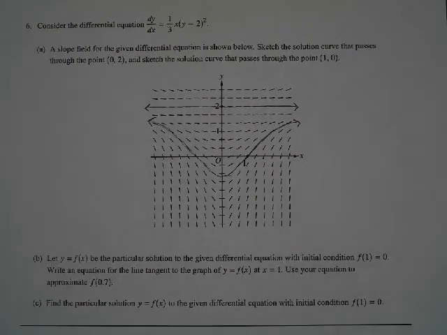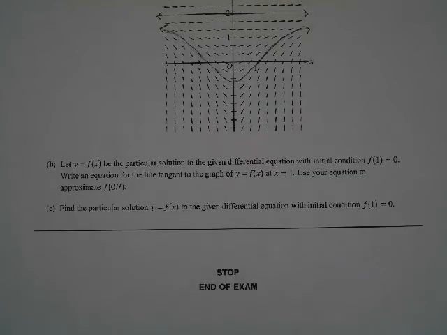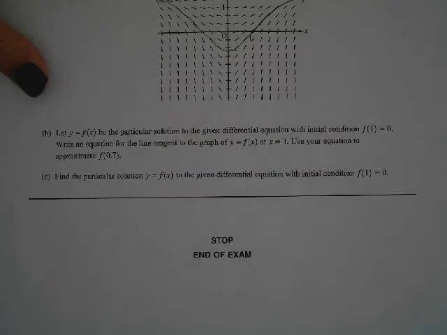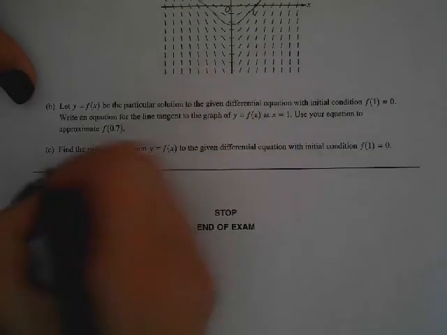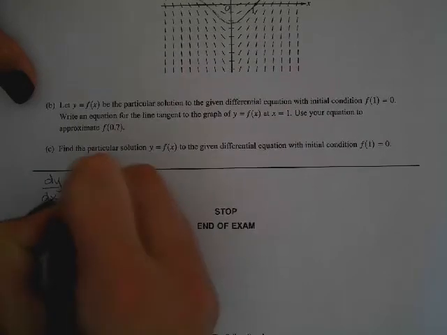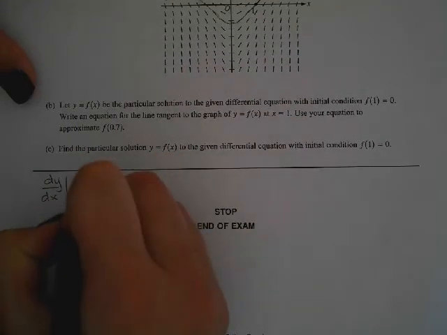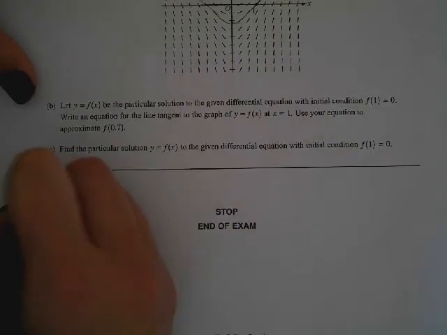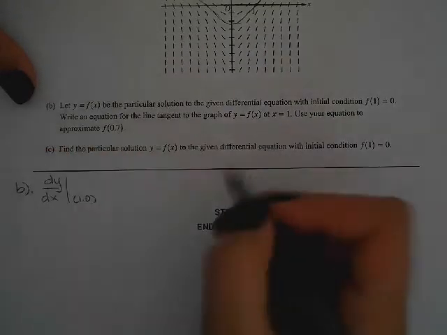Part B says to let y equals f of x be the particular solution with the initial condition 1, 0. Write the equation of the tangent line, and then use that equation to approximate something else. So what I need to do first is take the derivative and evaluate it at that point 1, 0 to figure out what the slope at that point is.